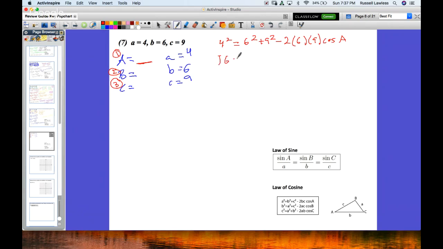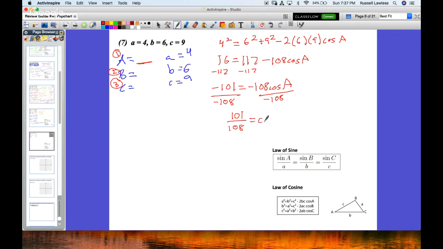This will give us 16 is equal to 117 minus 108 cosine of A. Do not subtract 117 and 108, because 108 is being multiplied by an unknown variable, which is the cosine of A. So what we'll actually do is subtract 117 from both sides, which will give us negative 101 equal to negative 108 cosine of A. Then we can divide both sides by negative 108, which gives us 101 over 108 equal to cosine of A.